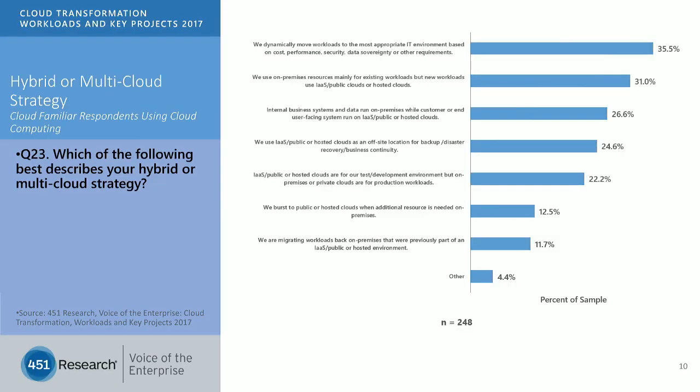Yeah, so here's a little bit of a deeper dive into how enterprises are currently comprising the market for hybrid or multi-cloud. This is one of the questions that comes out of our standard polling. Which of the following best describes your hybrid or multi-cloud strategy?